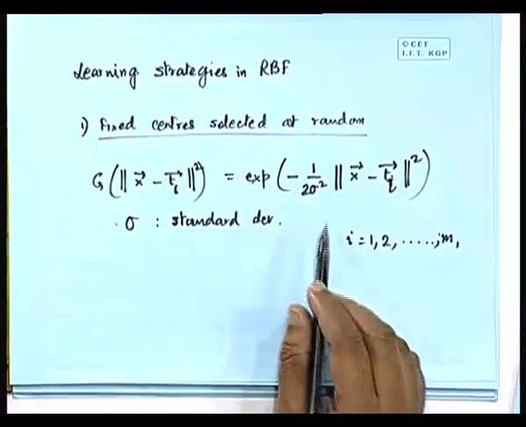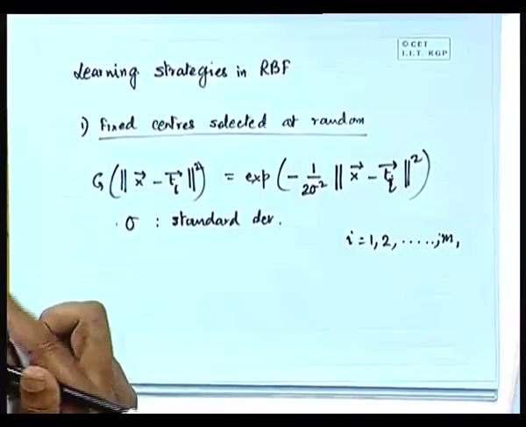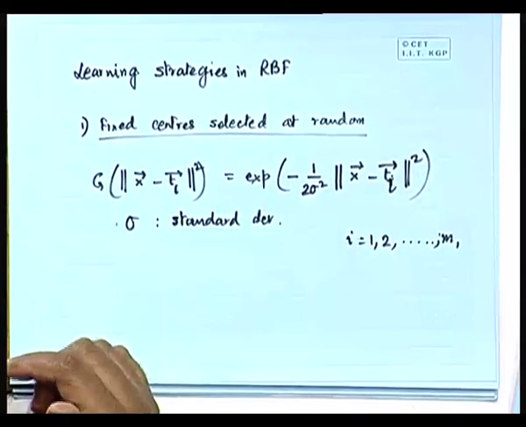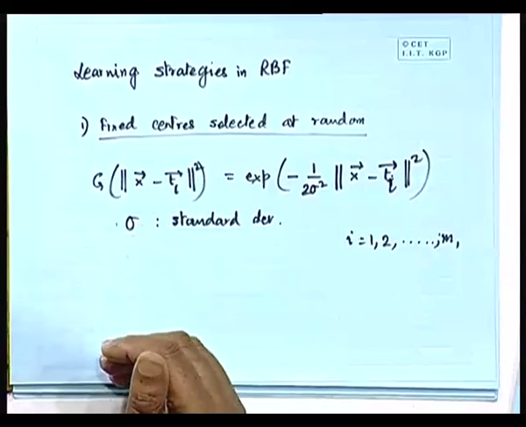This is very important, because if we choose the standard deviation to be too small, that means we are choosing very narrow Gaussian functions, and very narrow Gaussian functions have the disadvantage that they are highly local in nature.